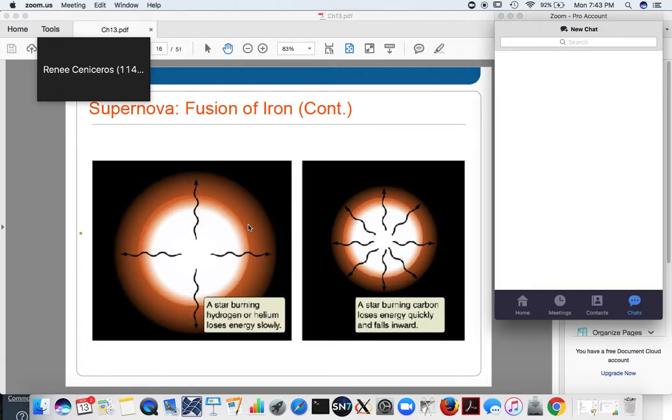Okay, so during this brief amount of time, all these heavier elements are formed, nucleosynthesis. But the energy just keeps on going, and it is so magnificent that you can use it to also see galaxies very far away.